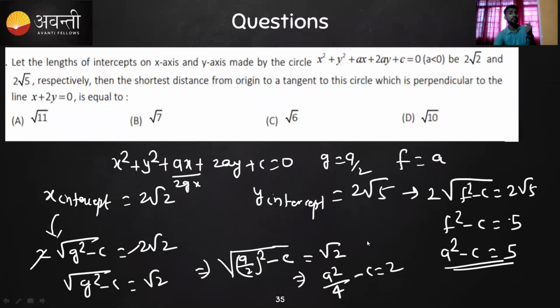With the help of that line we know its slope, and with that we find the slope of the tangent. After finding the slope of the tangent, we apply the slope form of tangent in the circle equation, and then we have found the tangent. Then we know the tangent is a line, and we know the perpendicular distance formula to find the shortest distance.